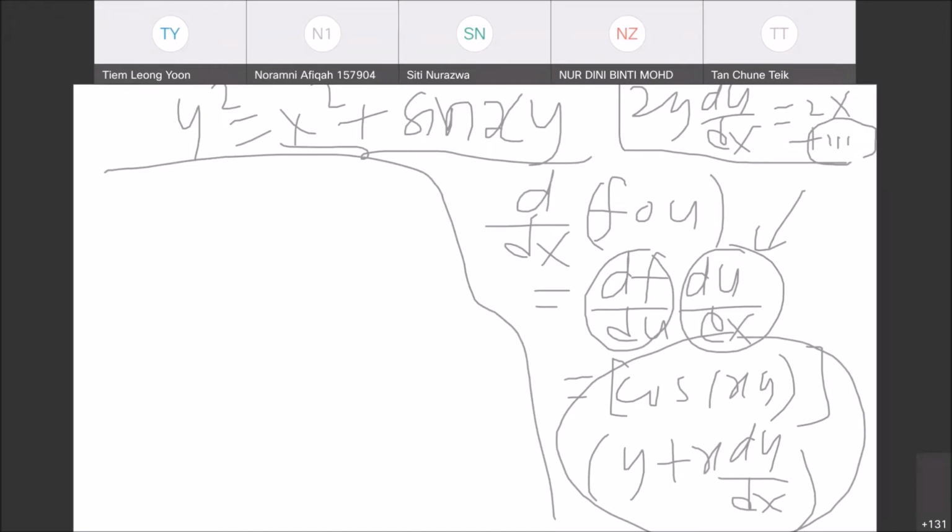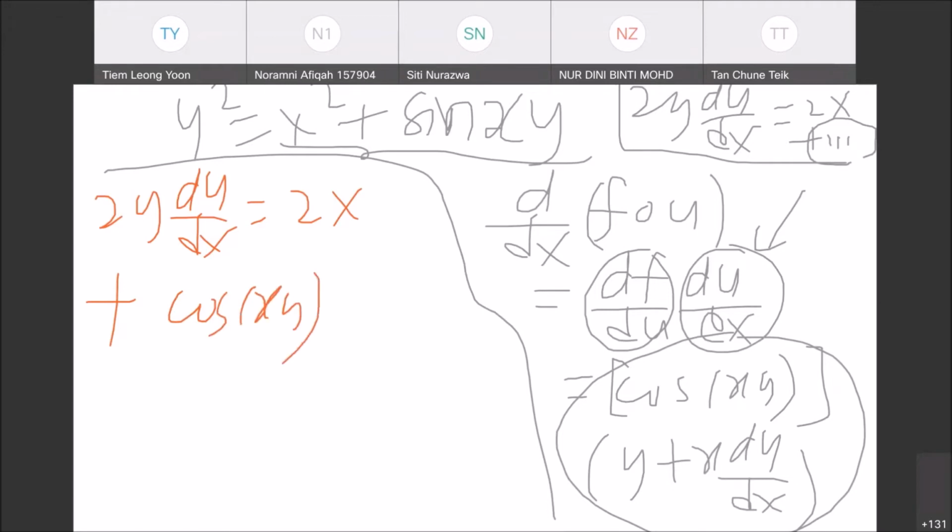So I got 2y dy/dx equals 2x plus this whole expression, which is cos xy multiplied with y plus x dy/dx. That is the equation obtained from here, where this triple dot is just d/dx of sine xy.